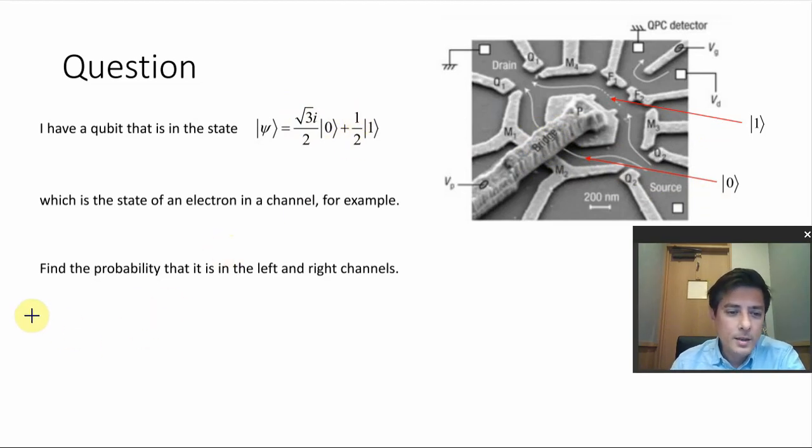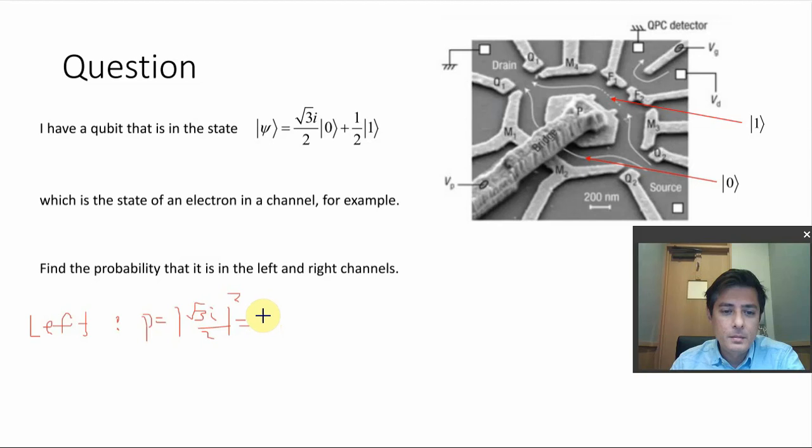So we can work out the probability that it goes left, just according to the formula that I had on the previous slide. So this should be equal to this coefficient, because 0 is the one that means left, right? So it has to be this coefficient, absolute value squared. Okay, so we can just do that little calculation there.